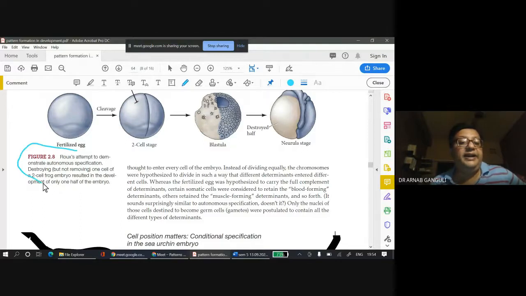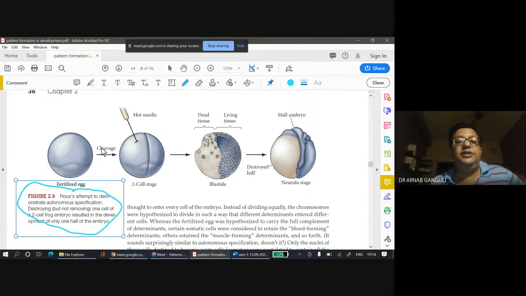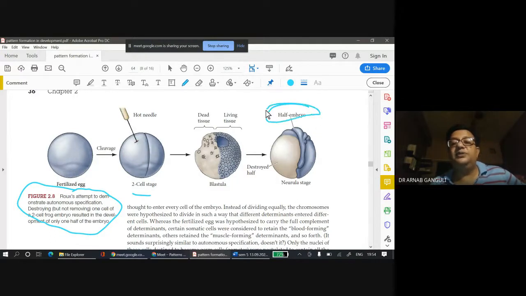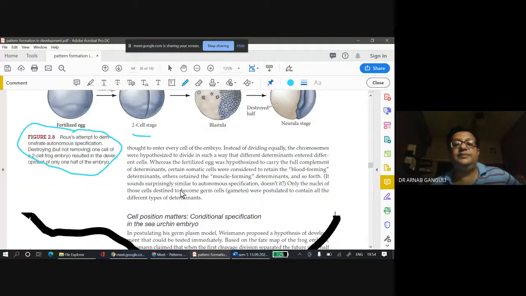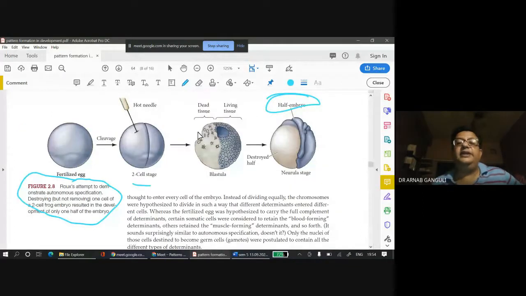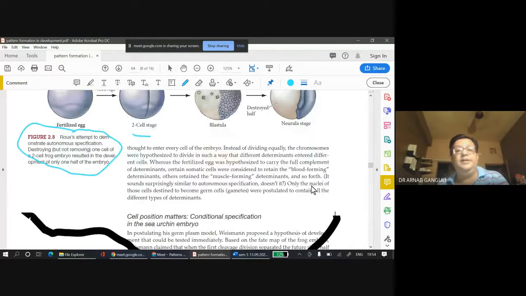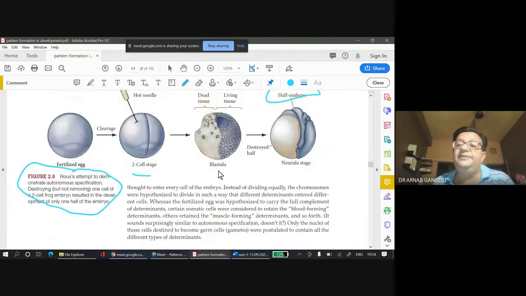Roux had made an attempt to demonstrate autonomous specification. In the two-cell stage, he destroyed one cell, dead tissue, living tissue. Only half the embryo was formed. If you remove it, then it will become twins. But if you kill one side, only half the embryo will be formed. This is autonomous specification.